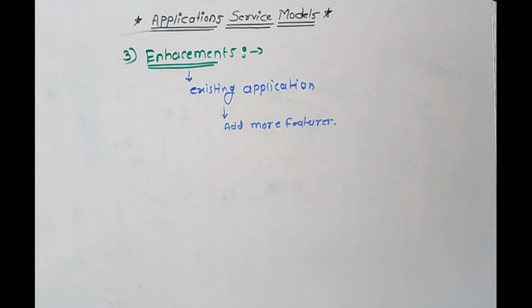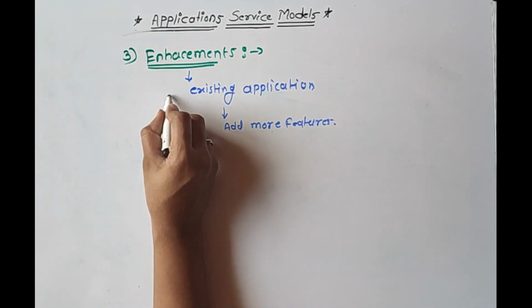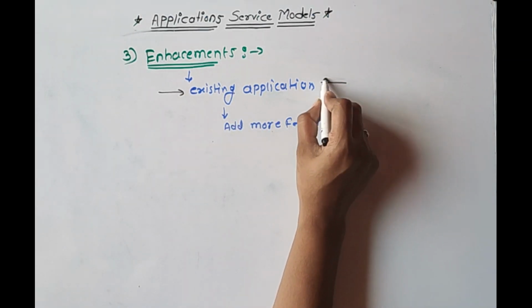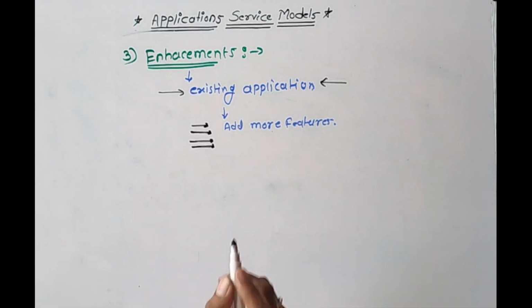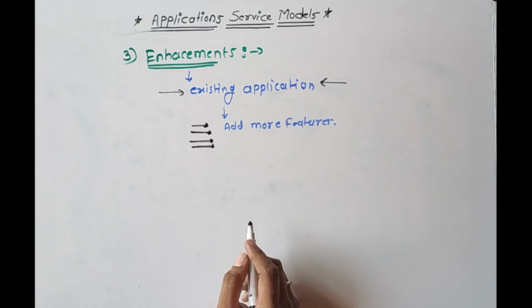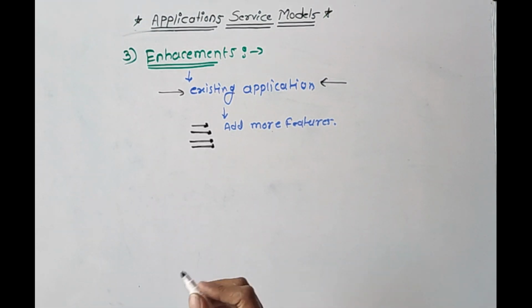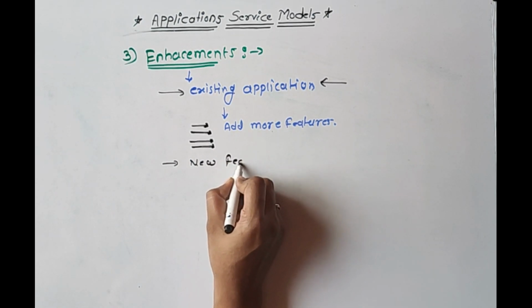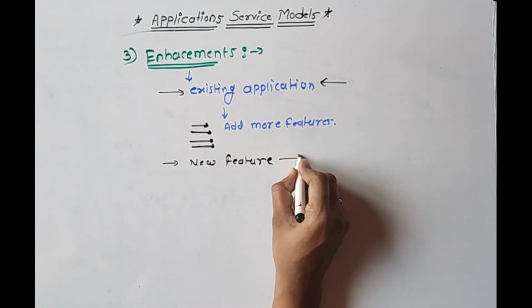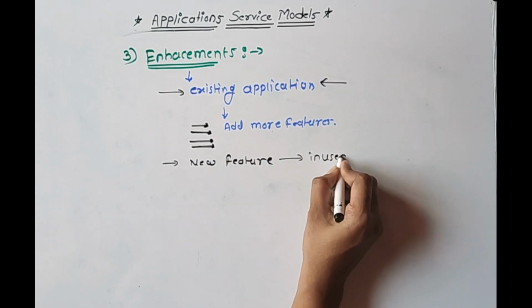Means we use this service model when there is an existing application and we have to add some more features in it. This includes addition of new features in the used application.